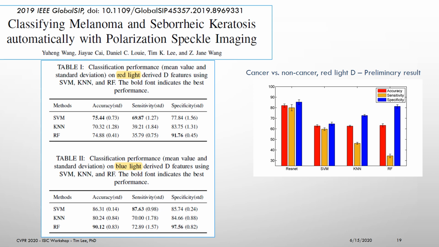However, the internal mode of the polarization speckle using a long wavelength light source may be able to do that. In a recent preliminary analysis, we analyzed the red light data using a ResNet and obtained a very promising result for classifying cancers versus non-cancers. The accuracy is above 80%.